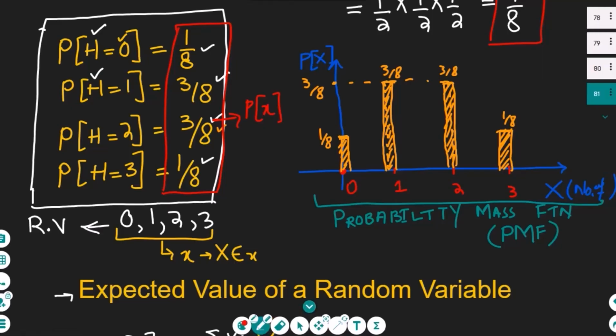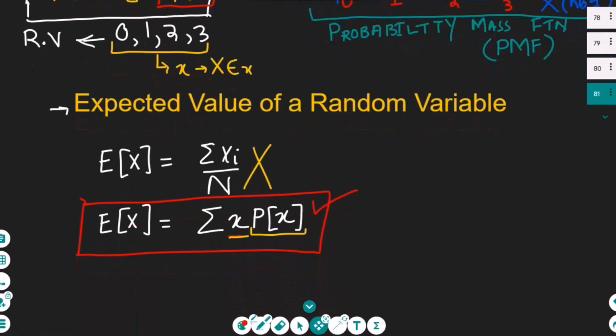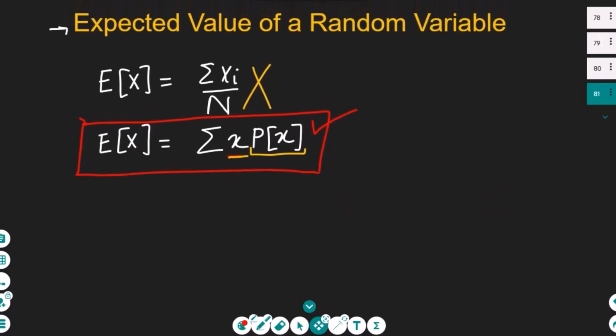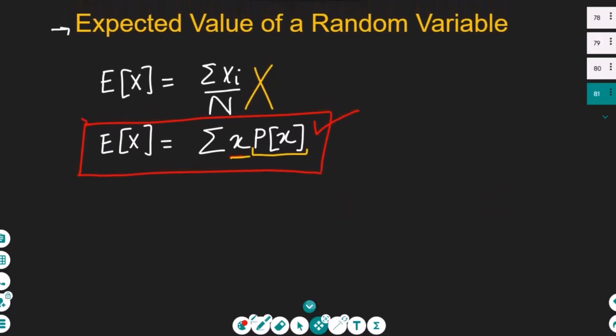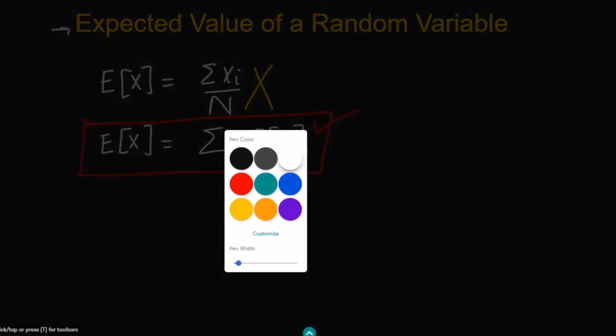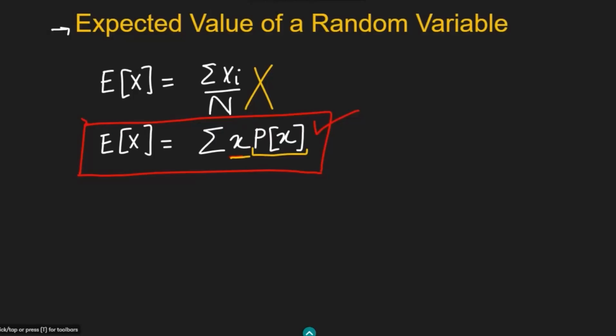Okay, so let me find the values here. In order to find the expected value, the first element here is 0 and I have to multiply it by the probability of heads equal to 0.